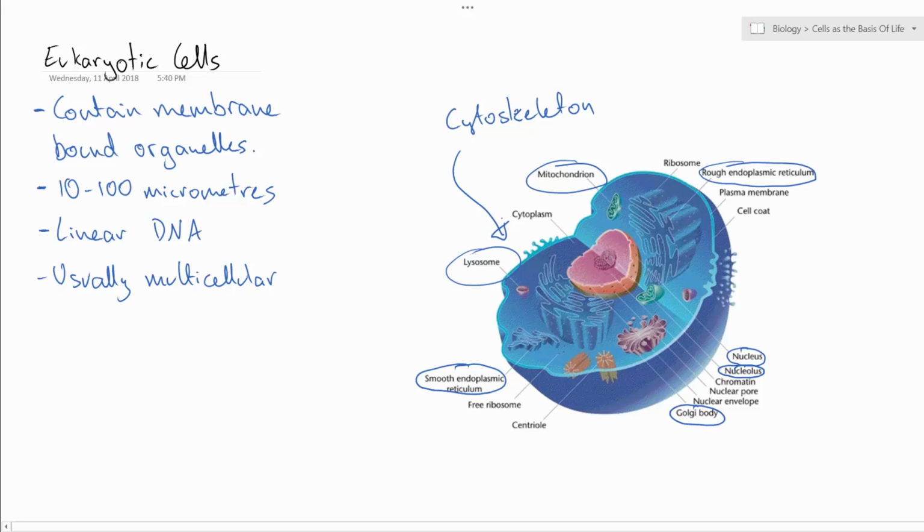It's a network of protein fibers, and it helps different things occur within the cell, such as cell division, so pulling parts of the cell to opposite poles so it can divide, and also helping to pinch the cell in that division, and also to do with movement, transporting things around within the cell itself, and moving the cell around, especially if it's attached to a flagellum, which is kind of like a tail, which can help the cell move.